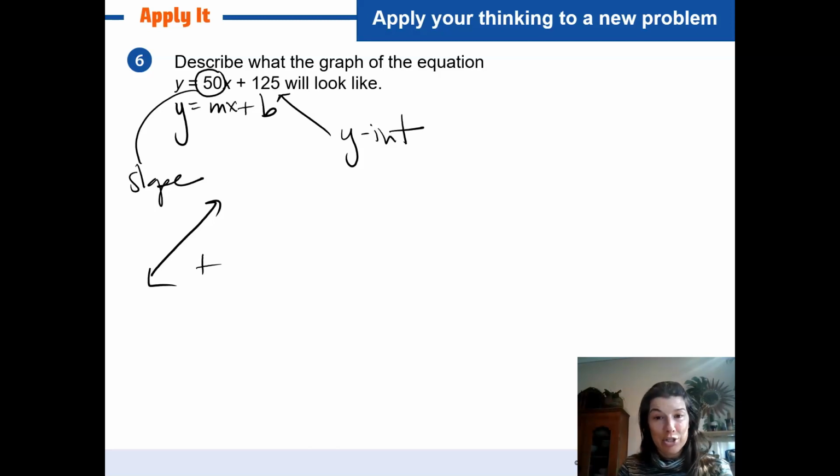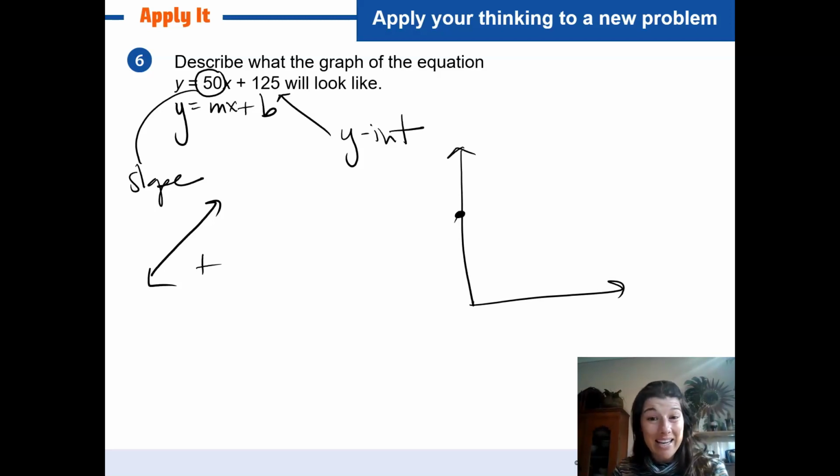Well, it's going to start at a point that is above the origin, and it's going to increase from there. That's what we know. If they ask you to actually graph it, then you want to set up your x and y axes like we did on that previous one. But this one is just asking, describe what the graph will look like. And that's what we've done.